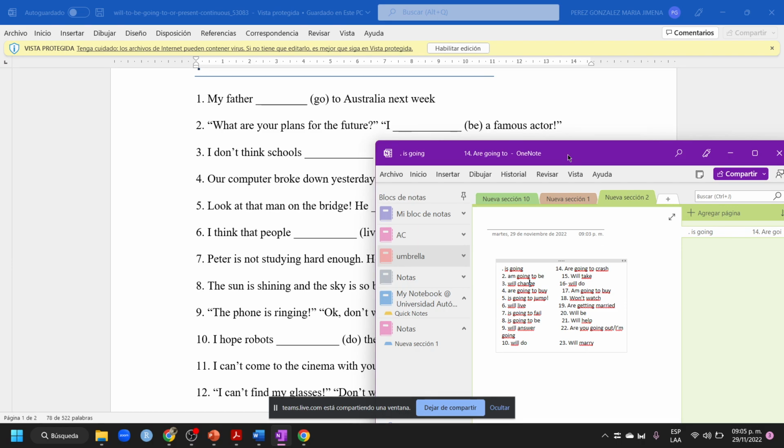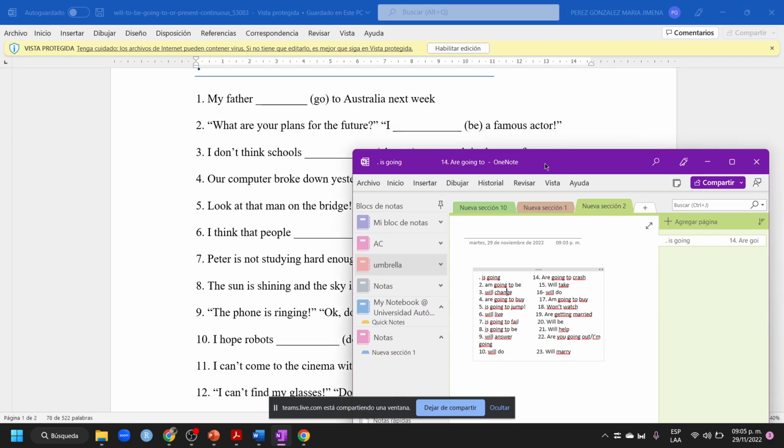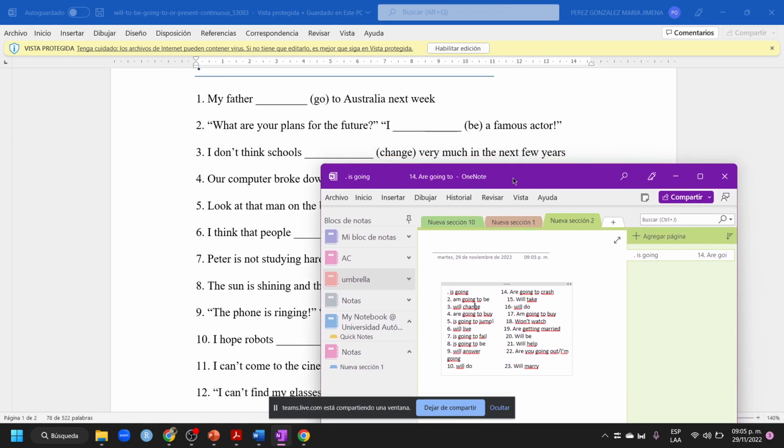Entonces utiliza el be going to. ¿Ok? Okay. Number three. I don't think school is changing very much in the next few years. Aquí yo utilizaría will.